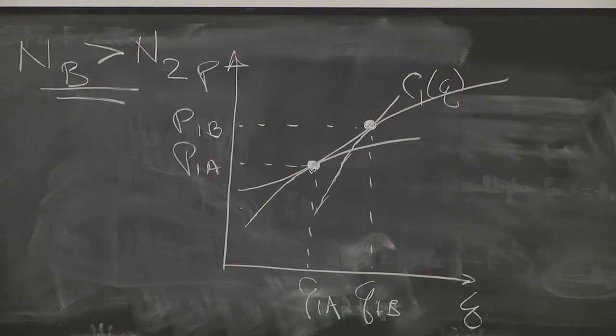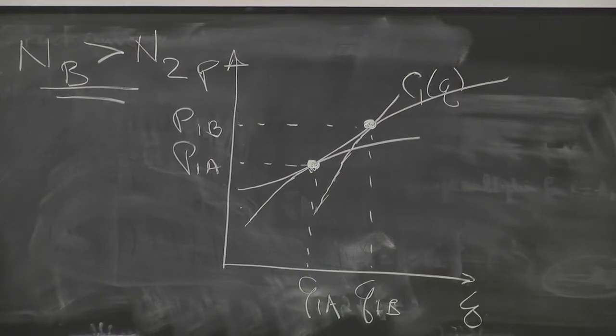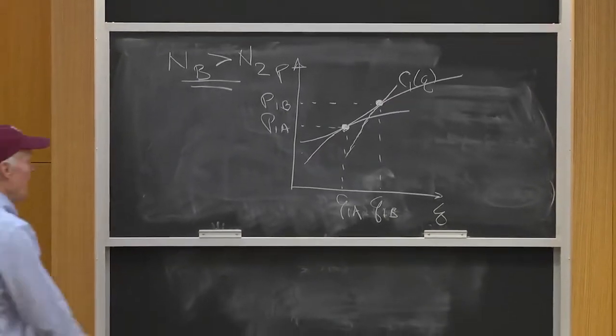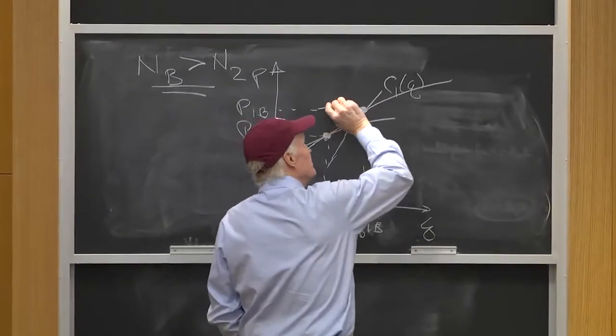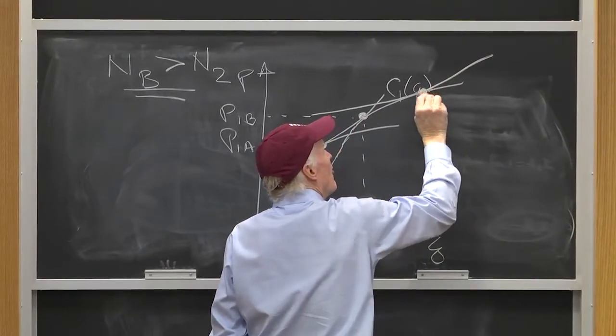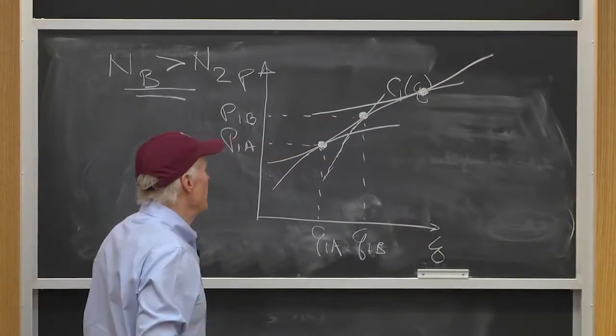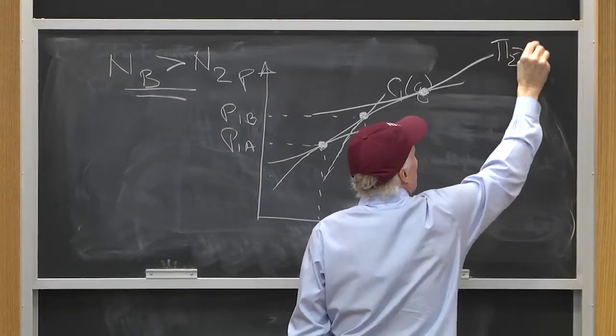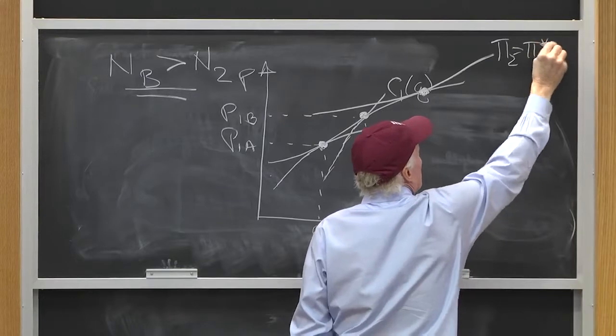All right? So now, where are the 2's going to be? Well, they have to be tangent to this indifference curve, right? Okay. All right. So this is pi 2 equals pi 2 star, right?